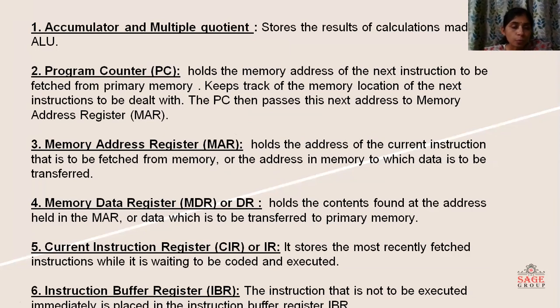Then the program counter, which is part of the program control unit, holds the memory address of the next instruction to be fetched from primary memory. It is continuously keeping track of the memory location of the next instruction to be dealt with, and the PC then passes this next address to the memory address register.